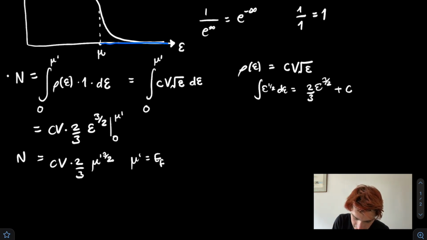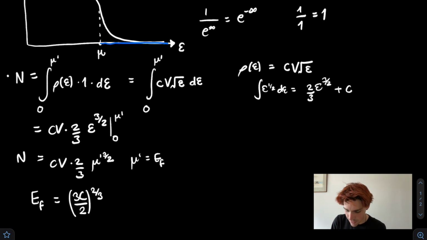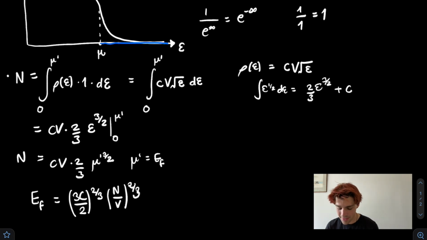So the Fermi energy is just EF equals (3C over 2) to the power of 2/3, which of course you can substitute in C. But the key thing about the Fermi energy is that it has a relation, once you rearrange it, to the density, N over V, the particle density. So if we define N over V as a density, then we can see how the Fermi energy is pretty much determined by the particle density, the density of the metal lattice.